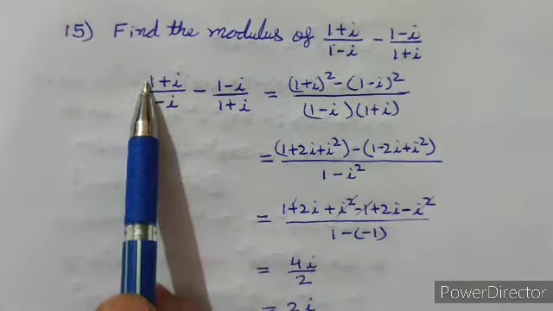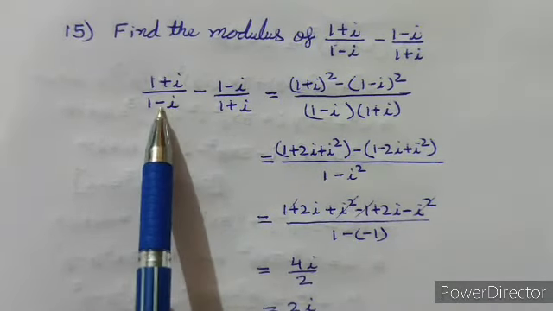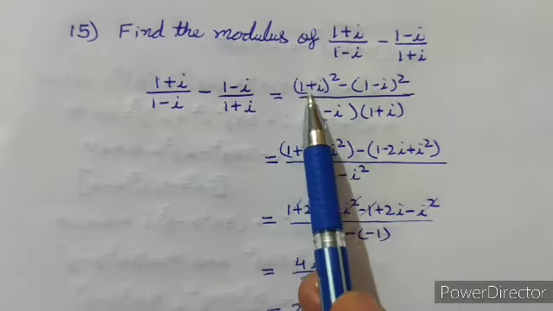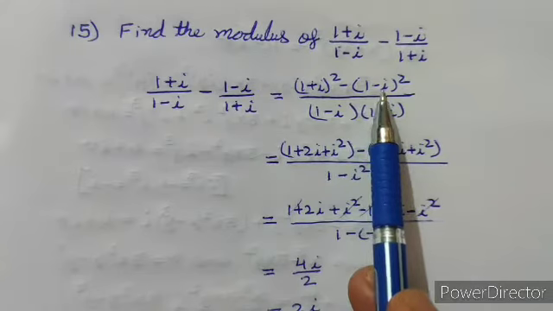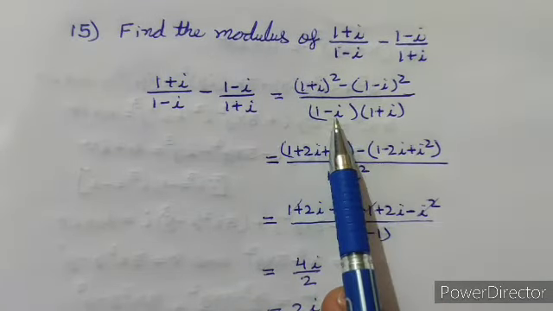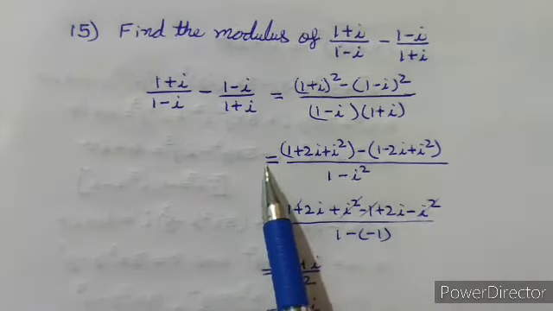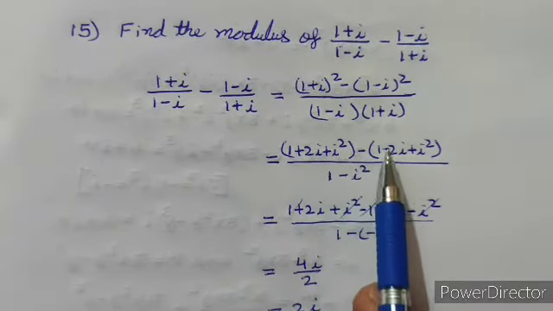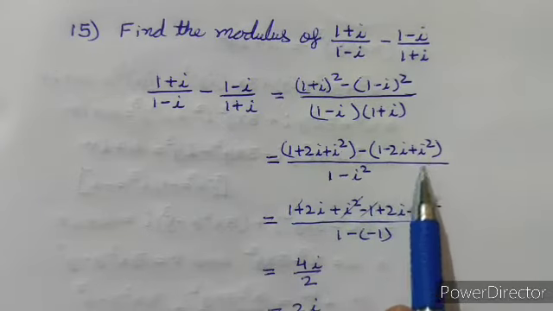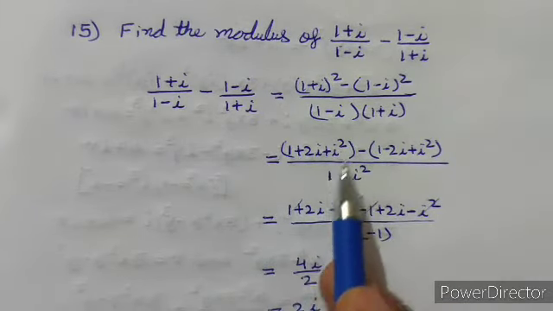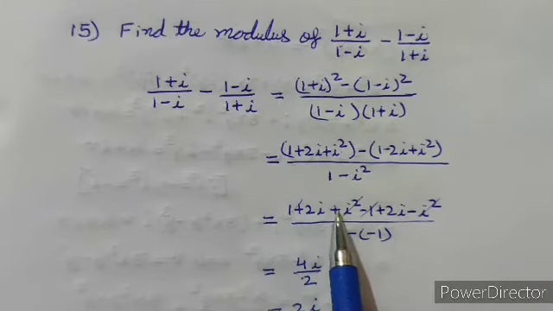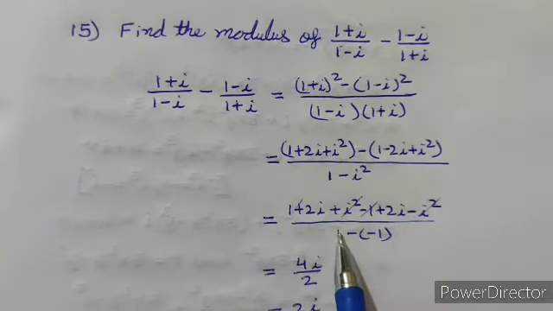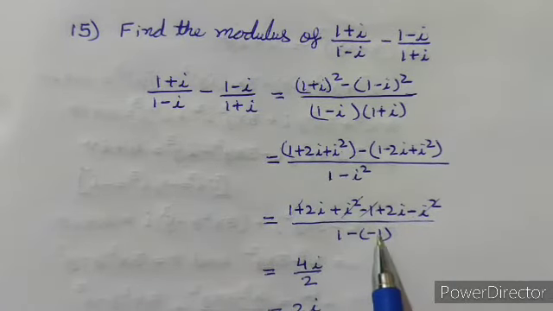So first of all, we will find out the value of 1 plus i upon 1 minus i minus 1 minus i upon 1 plus i, and that will be equal to (1 plus i) whole square minus (1 minus i) whole square upon (1 minus i) into (1 plus i), and that will be equal to 1 plus 2i plus i square minus 1 plus 2i minus i square upon 1 minus i square, and i square will be equal to minus 1.